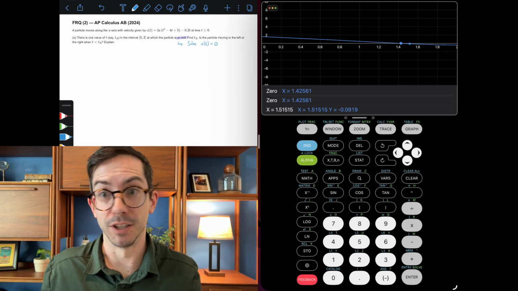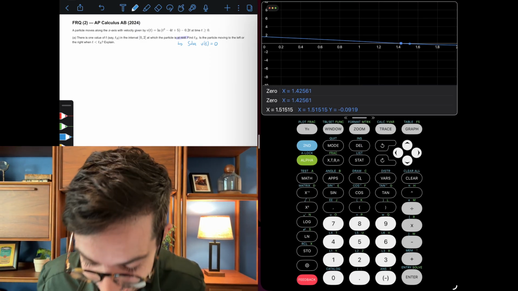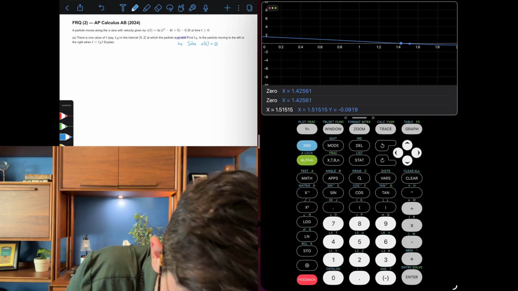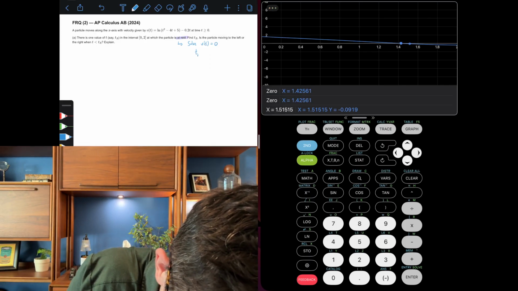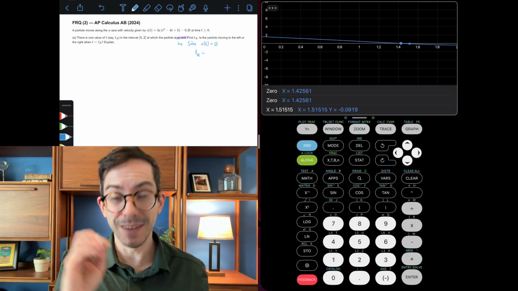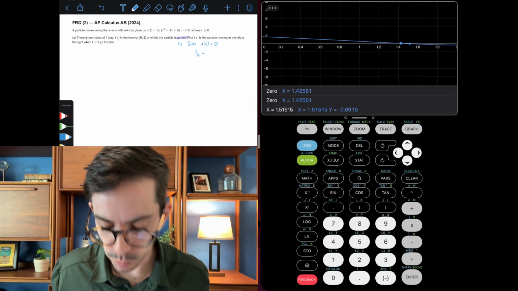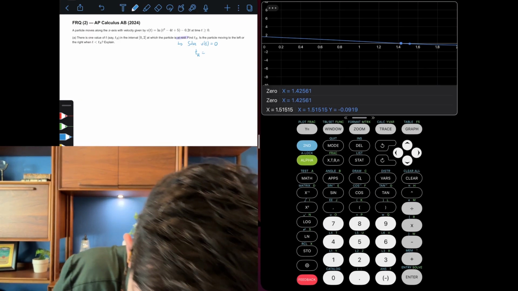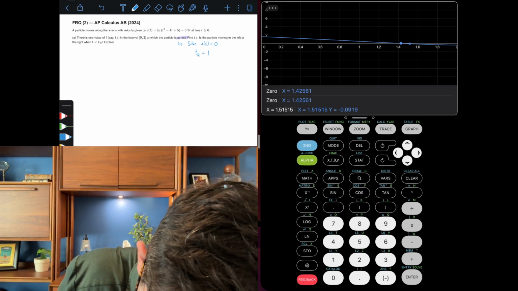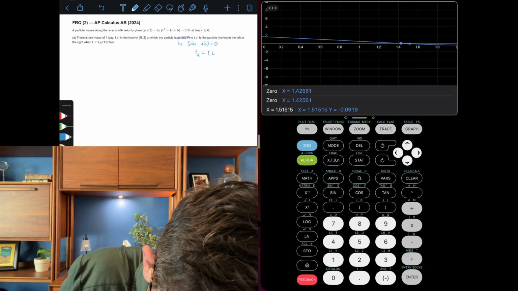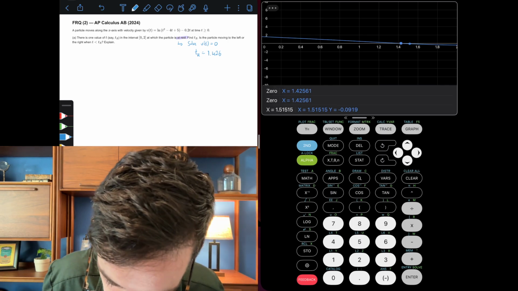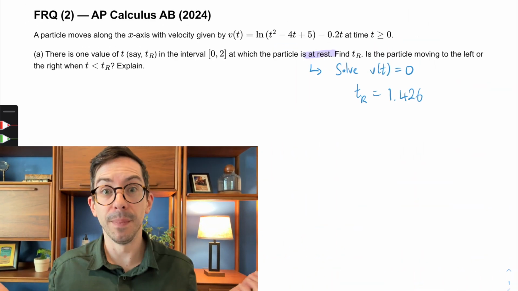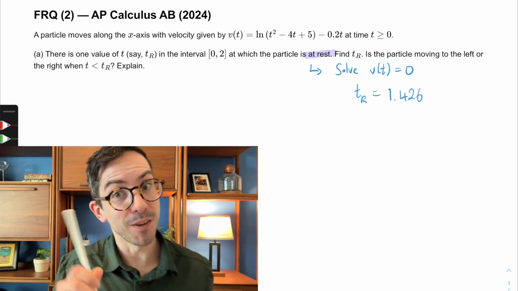That is what I got on both calculators. That's good. Okay, so that is our final answer. This tells me that t sub R, that special t value that I wanted to find when my particle was at rest, is, to 3 decimal places, 1.426. Let me close my calculator, and that's us done with that first part of the question.